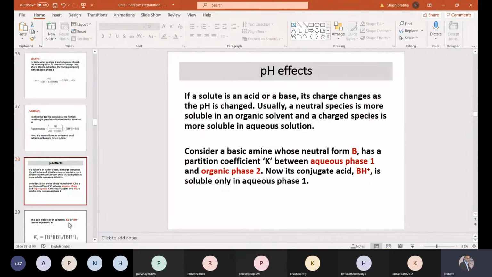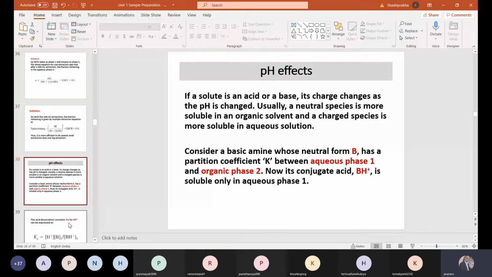To understand this, we take a simple example. Consider an amine whose neutral form is B. The neutral form, base B, has a partition coefficient K between aqueous and organic phase.